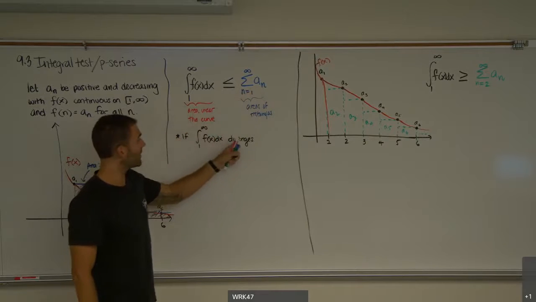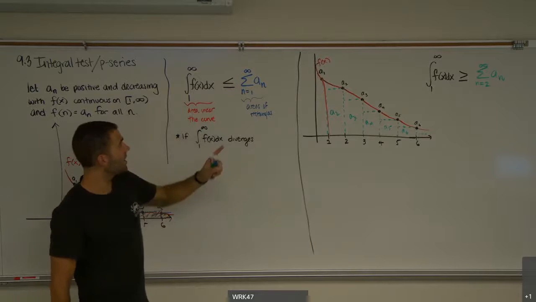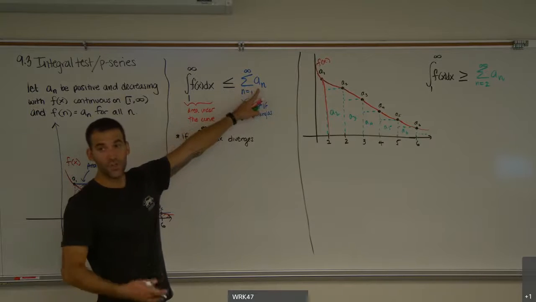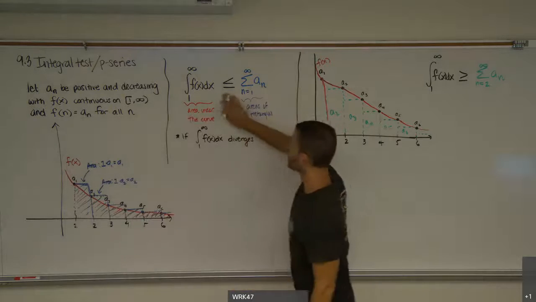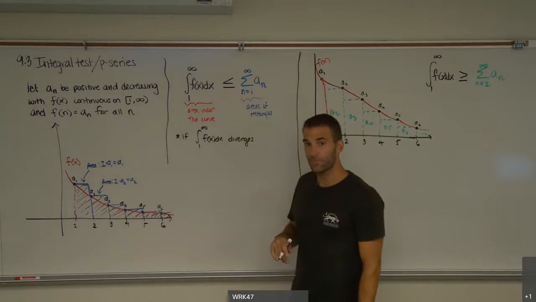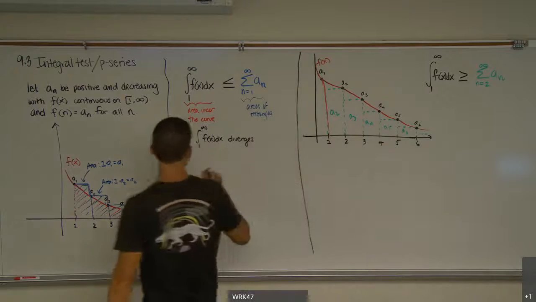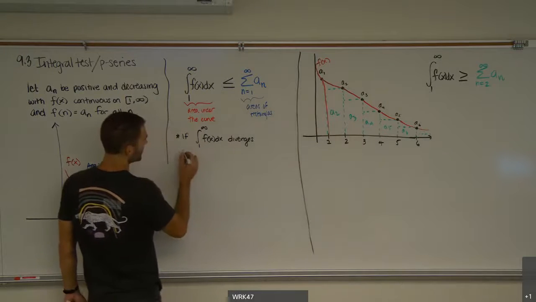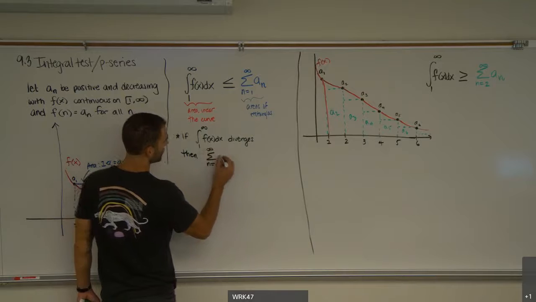Well, if I know something about the integral, I can get an answer about the series, because if this integral diverges, then that means that this series must also diverge. Why? Because it's larger than this integral. Nothing larger than infinity, but infinity itself. So if this integral diverges, then we can say this series itself diverges.